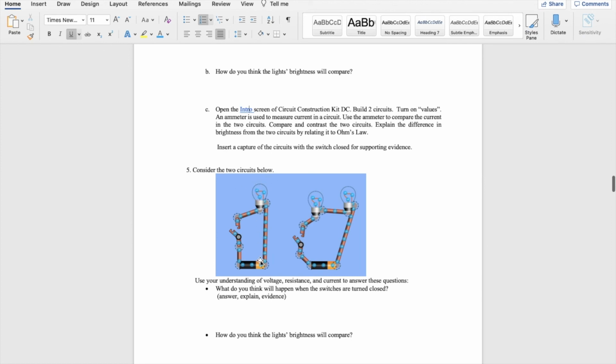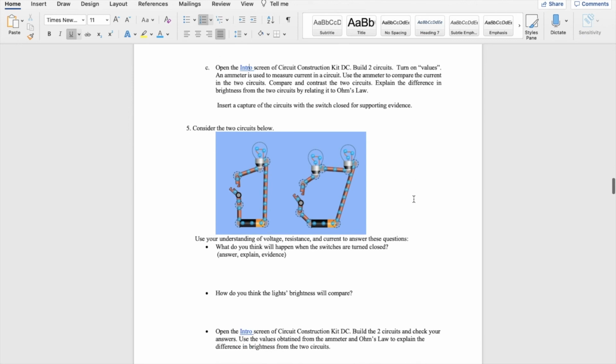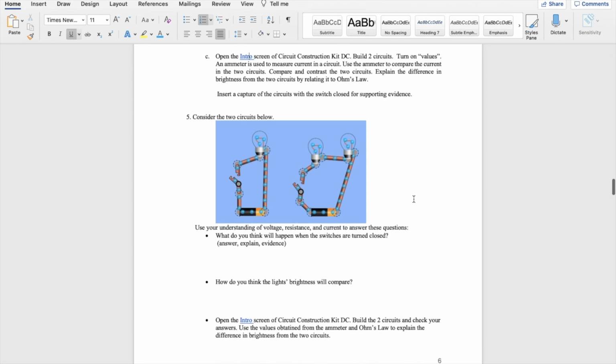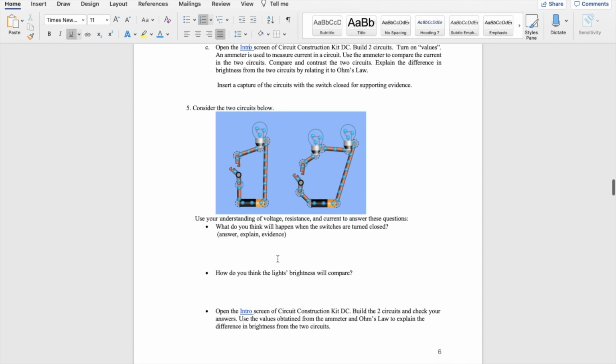Consider the two circuits here. The one connected to one battery, which can be 9 volts or 3 volts, connected to one light bulb versus two light bulbs. Here you'll have to write what happens when the switches are turned on, or closed, which means the switches are turned on, and these are in the off state.